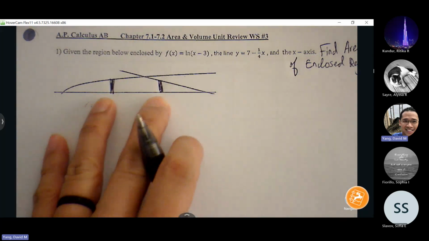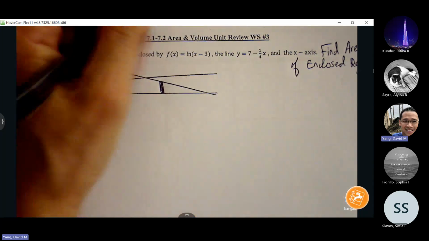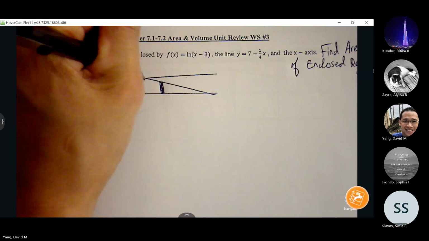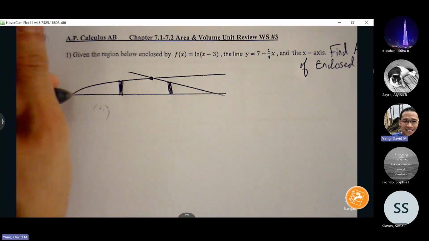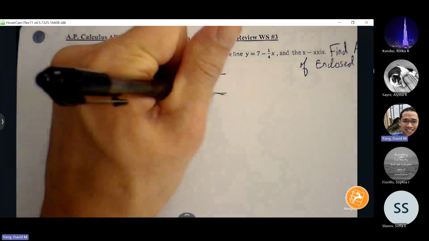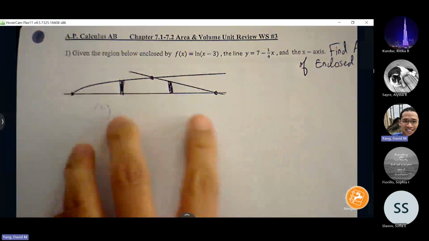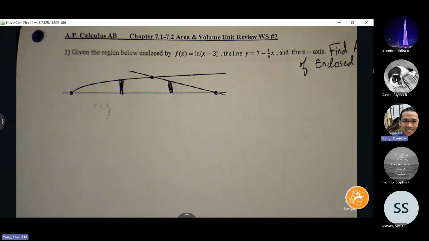So we'll do top minus bottom twice, but that would require us to know where that is going to change, as well as where the starting and ending points are. So we're going to use our calculator to help us find that. So go to our calculator, we'll plug in these functions.